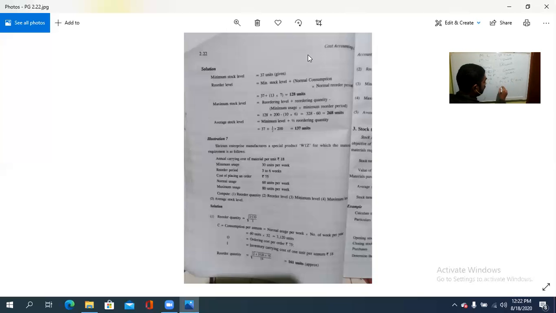So the minimum level is 37, plus 1 by 2 of 200. So 37 plus 100 is equal to 137 units. Correct? 137 units. See, this is another problem. This will ask for 5 marks time.